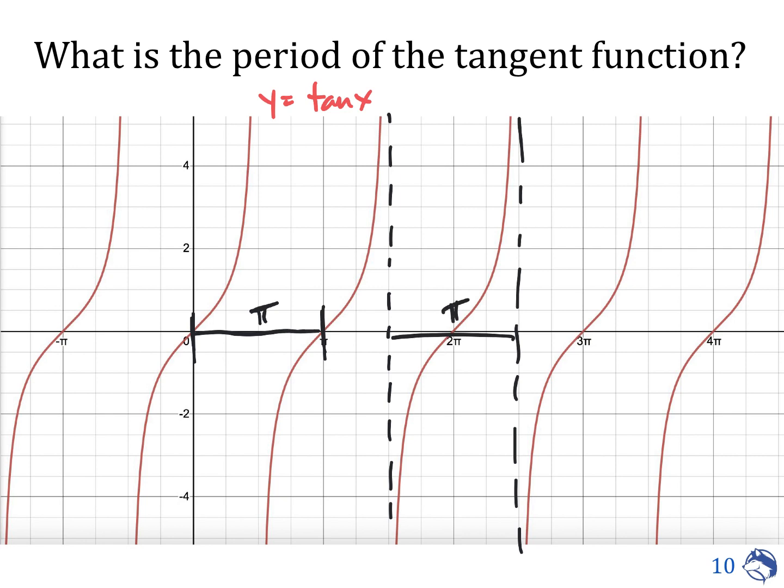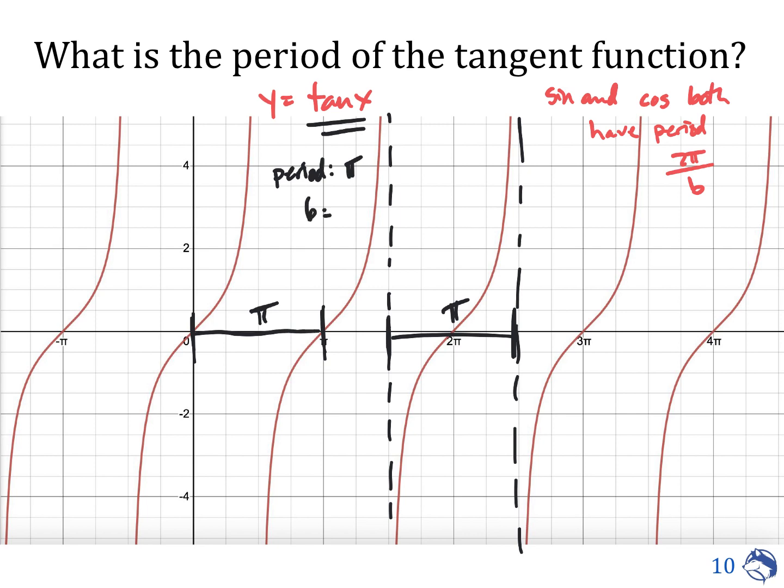If we think about that compared to last lesson when we learned about sine and cosine, where we said sine and cosine both have period 2 pi over b. But if we know that here the period of tangent of x is pi, and we know that b equals 1, then we know that this 2 pi over b pattern doesn't hold for tangent.